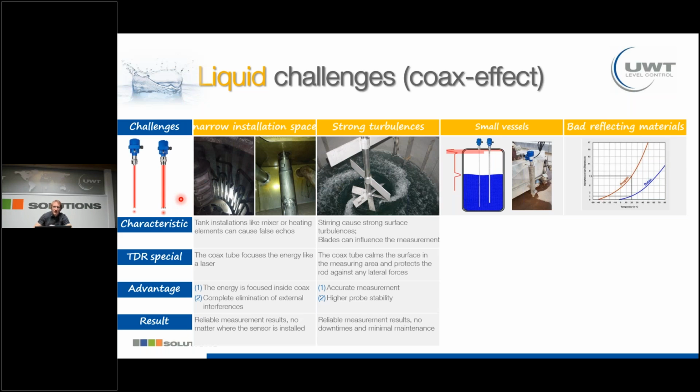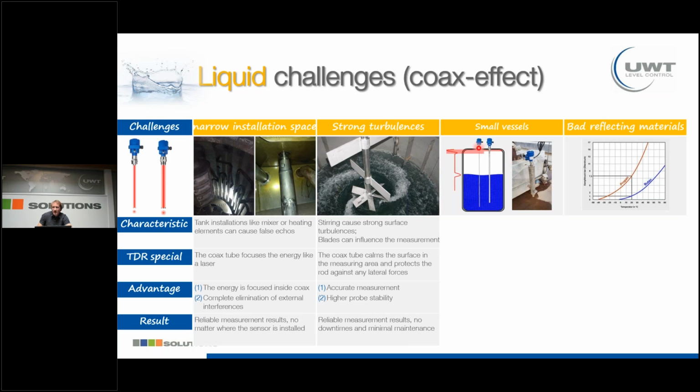There's no need to be concerned about any damage, because this coax tube is very robust and protects the probe from getting damaged, and you can ignore the blades. So no need to worry about false echoes, and no need to worry about probe damage.